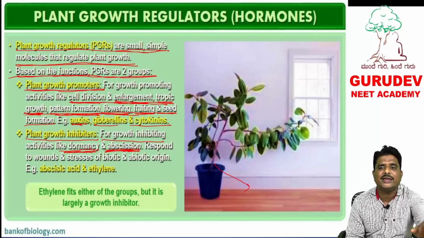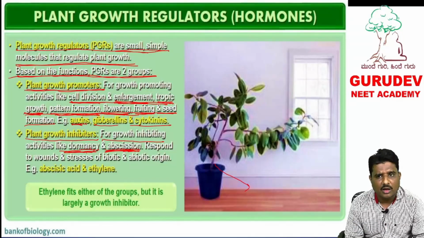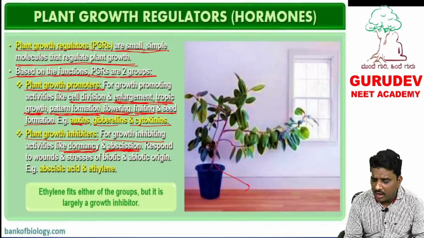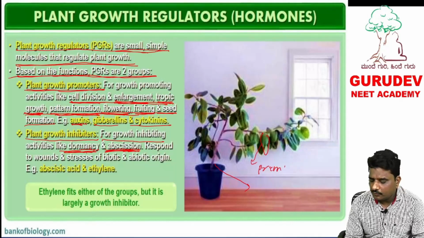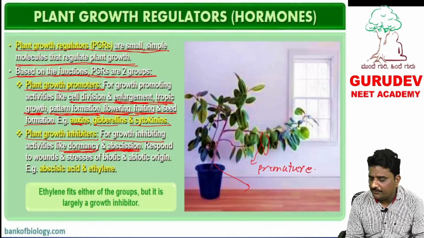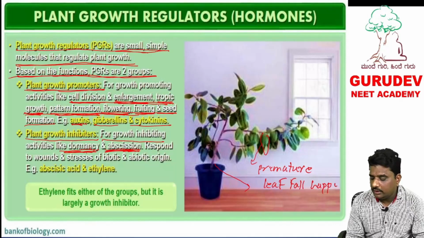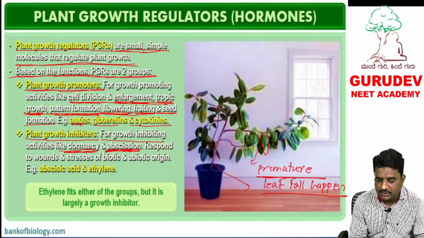That means growth is inhibited here. Leaves never become larger. Before becoming larger, sometimes premature falling of leaves happens. That process is called abscission.